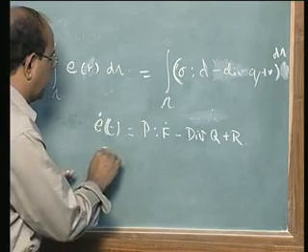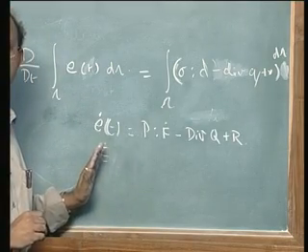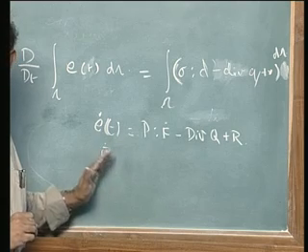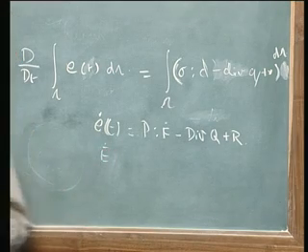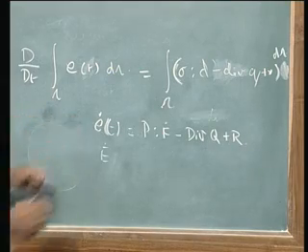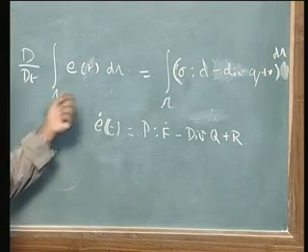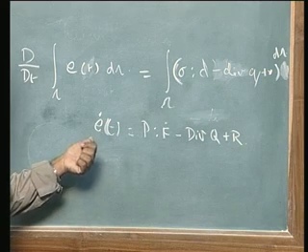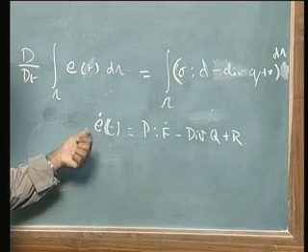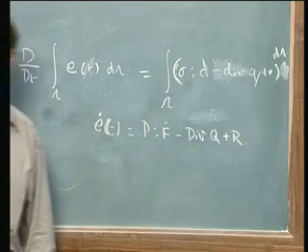Don't get confused with capital E dot, because I do not want to use that term, because then you will get confused with our strain term. When I put this dot, it means it is the material time derivative of E automatically. That's why I use this term E dot. This means that the material derivative is equal to P colon F dot and so on.